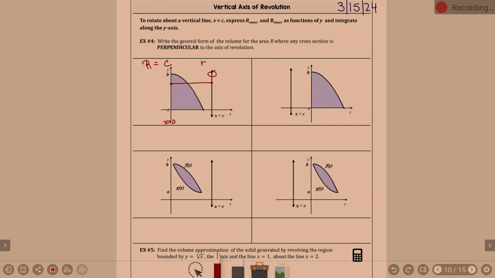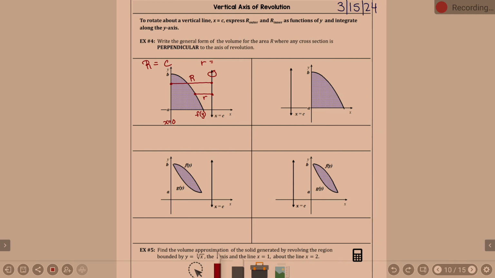What about little r? From the curved line to our axis of revolution. I keep forgetting to label these. There's little r, and that's big R. Now, instead of talking about these as f of x functions, because we need things solved in terms of y, we're going to talk about these as f of y functions.